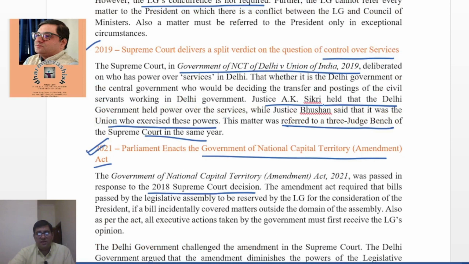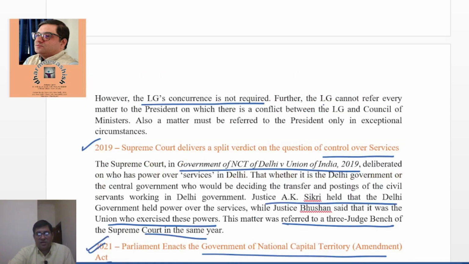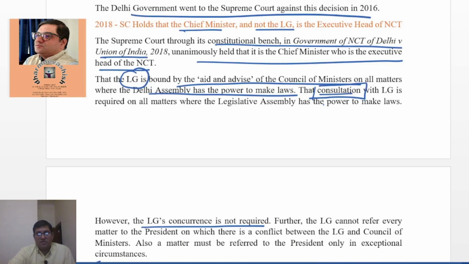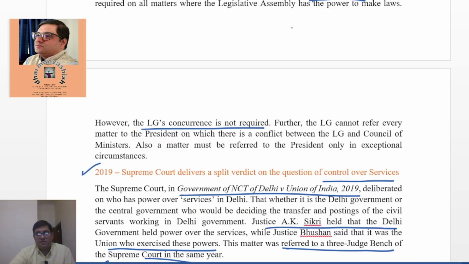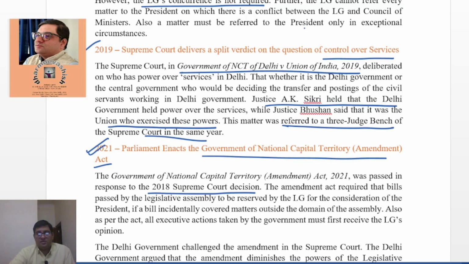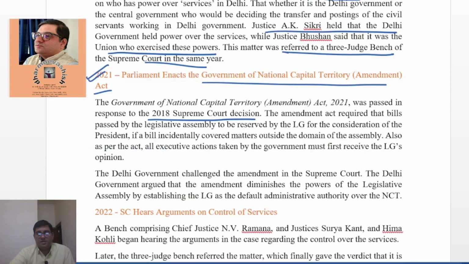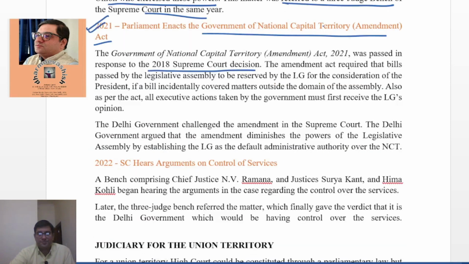If we move back a little bit further so that it becomes clear to you all, the Supreme Court had held that the Chief Minister is the executive head of the NCT, National Capital Territory, not the Lieutenant Governor. Now, to nullify the judgment of the Supreme Court, in the year 2021, Parliament enacted the Government of National Capital Territory Amendment Act.